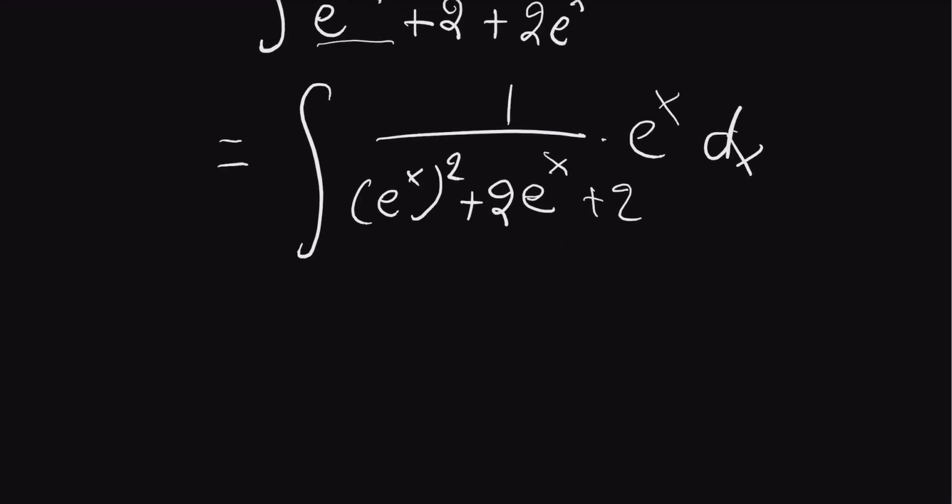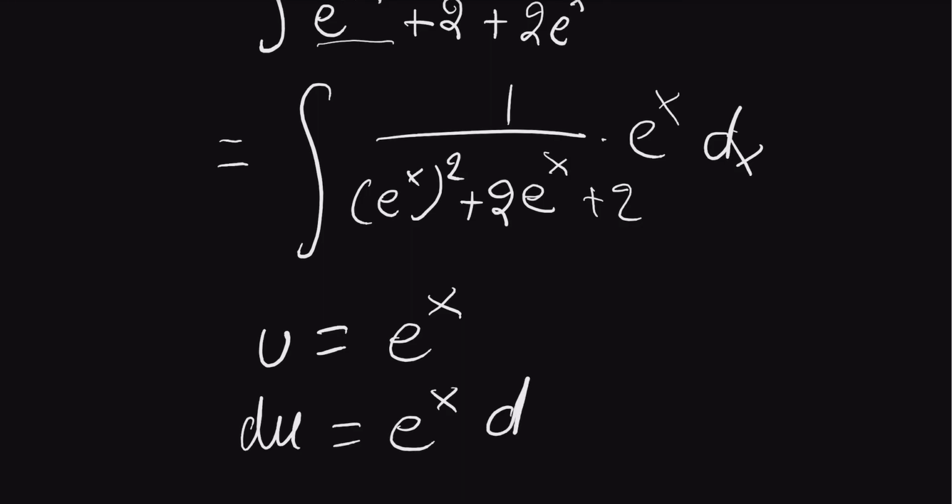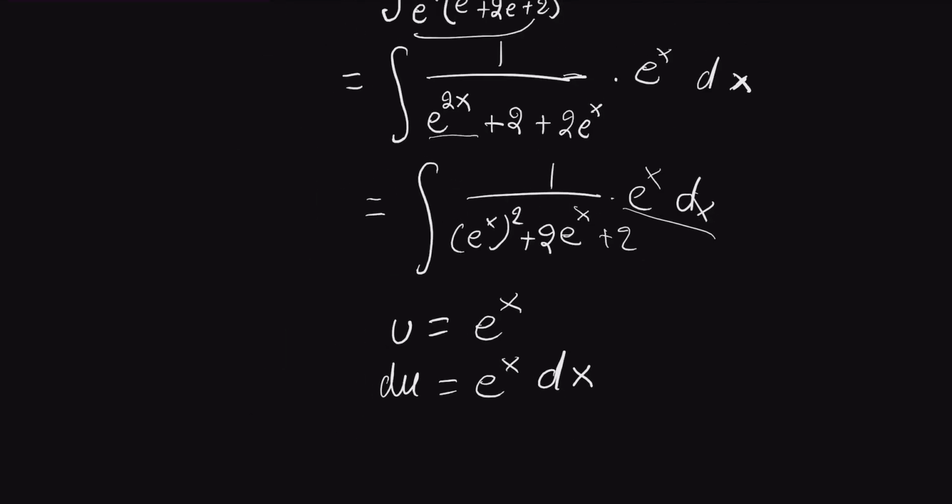So if we let u equal e to the x, then du is going to be e to the x dx. That's the derivative with respect to x of e to the x. So we can replace this e to the x dx with du, and every e to the x term we can replace with u.